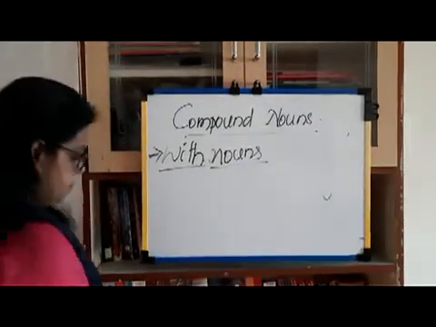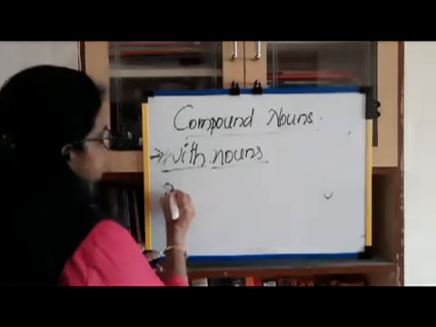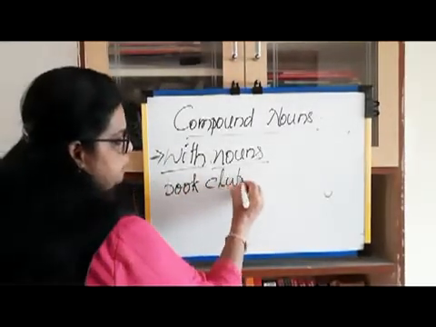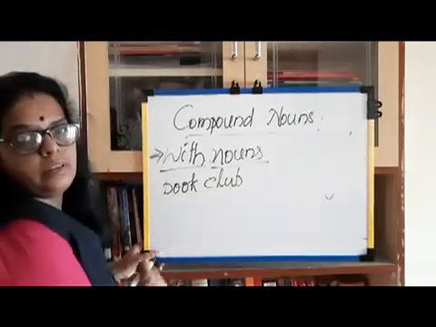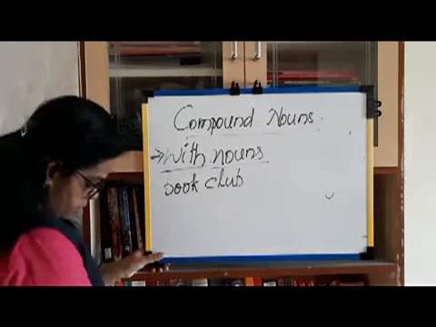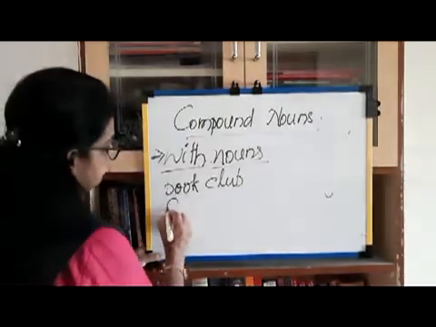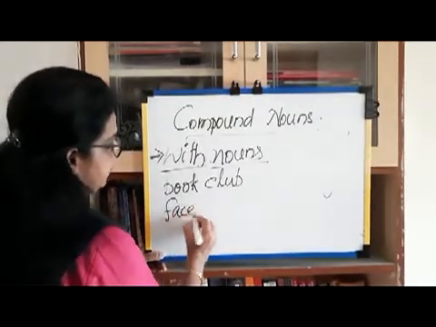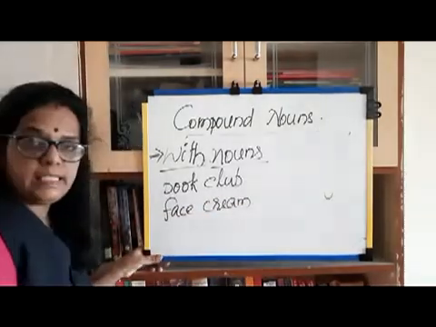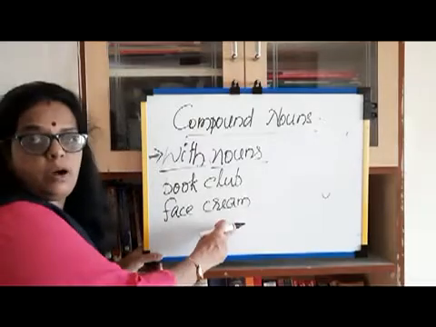See, book club. Book is a noun, club is a noun, so noun plus noun we get a compound noun. Okay, book club. And face cream. Face is a noun, cream is a noun.